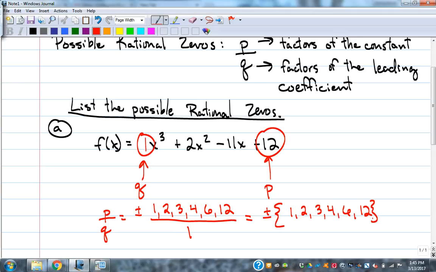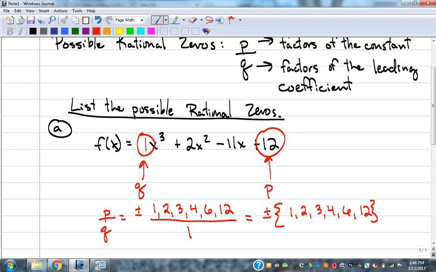So what we've done here is we're taking this polynomial and we're listing the possible rational zeros. So if this thing crosses the x-axis, we've narrowed it down to 12 numbers that it could cross at if it's a rational number. Okay, 12 rational numbers instead of negative infinity to positive infinity.